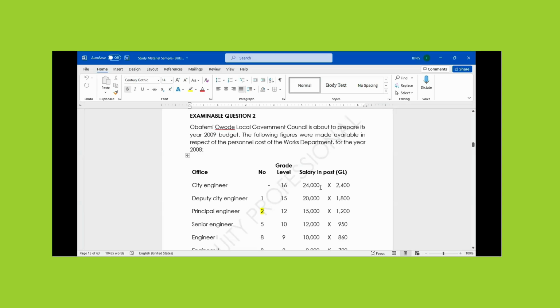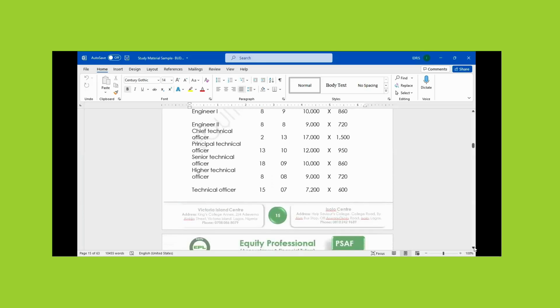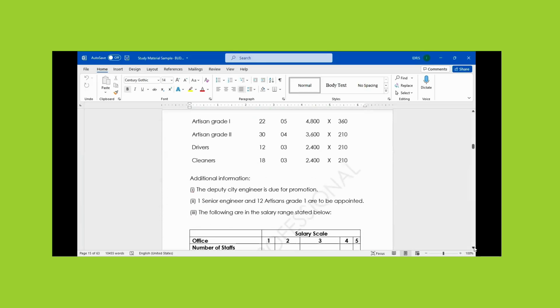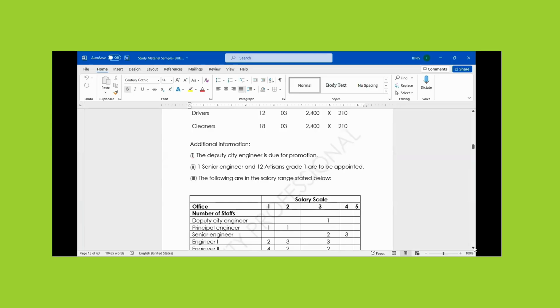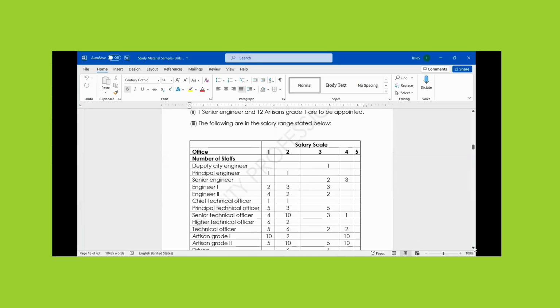Basic salary 24,000, while incremental salary 2,004. And we have deputy city engineer and so on like that. We are given additional information. They say deputy city engineer is due for promotion. 1 senior engineer and 12 artisans are to be appointed.